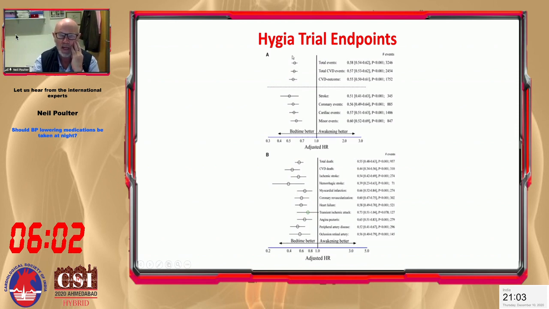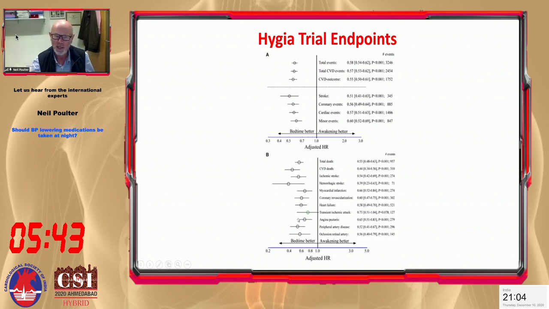All these are big, hard endpoints at the top. Total events, total cardiovascular outcomes, strokes, coronary events, cardiac events, and minor events, all showing in excess of a 40-odd% reduction in cardiovascular events.